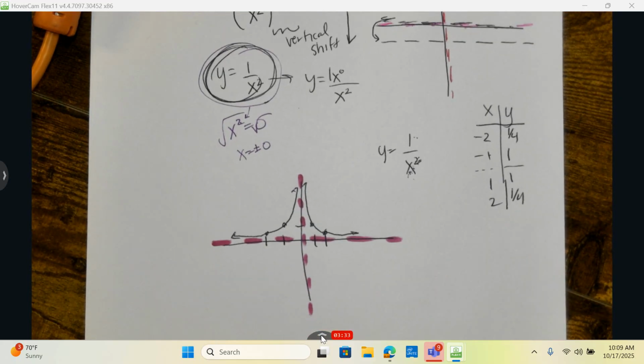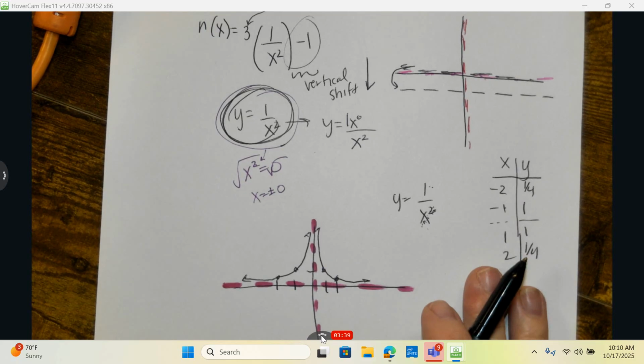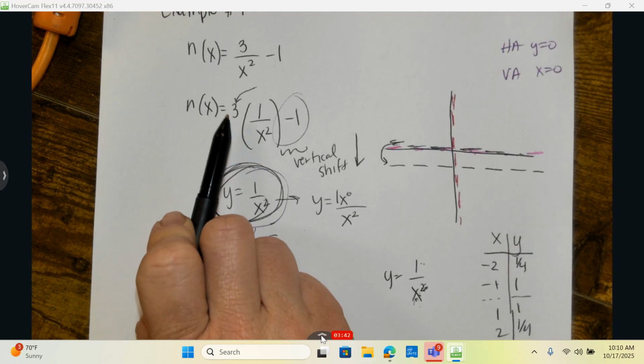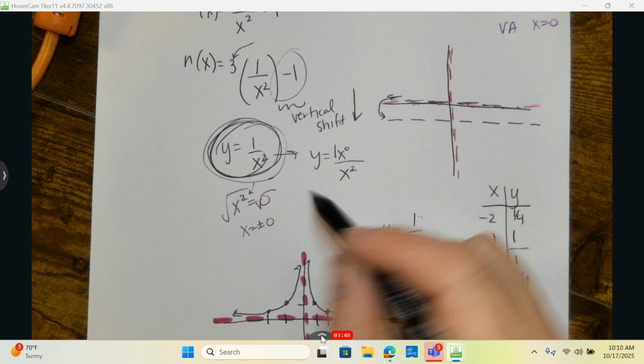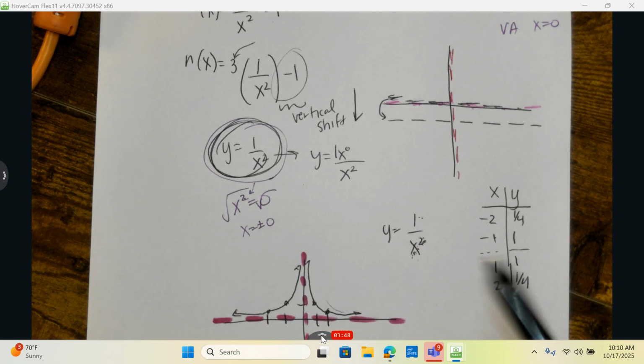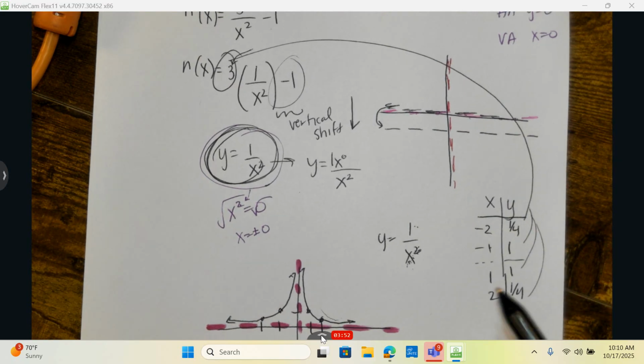Now from this, we do need to translate this. What do we need to do? Well, the easy one is we're going to shift everything down 1. That will be pretty easy. What does this 3 do? When we say that it vertically stretches it, it means it's going to rise at a faster rate. 3 times we're vertically stretching it. So I take this 3 and I'm going to multiply it by each one of these quantities.